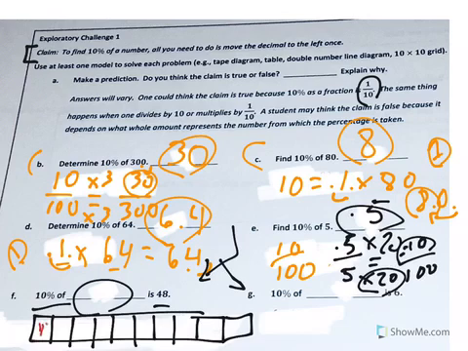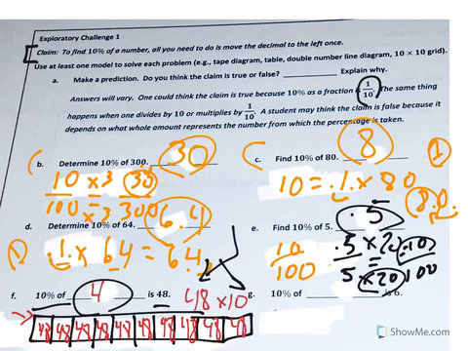If 10% is 48, you notice that I drew 10 parts to a tape diagram. That means every part is 48. So I'll fill these all in. So I end up with 48 10 times, 480.